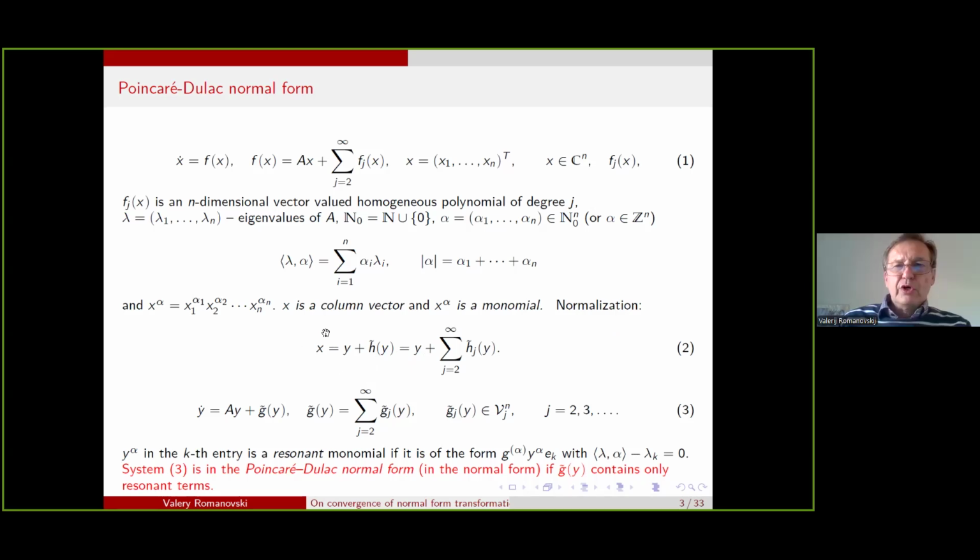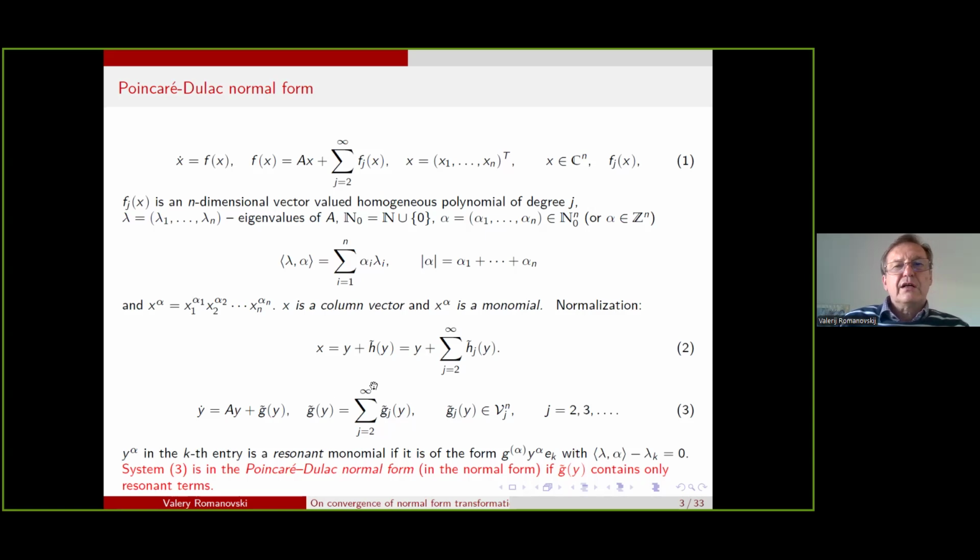Now we can make a change of coordinates of the form 2, from coordinates x to coordinates y. It is a power series, called a near identity transformation because x is y plus higher order terms. Then it is easy to see that we arrive at a system of the same shape, but instead of f we now have g, another polynomial.